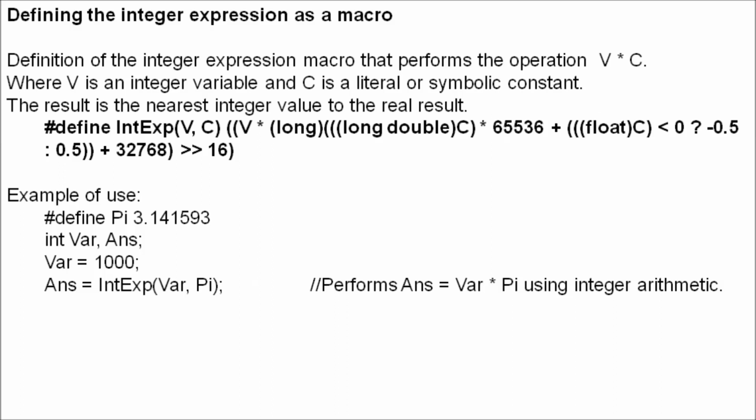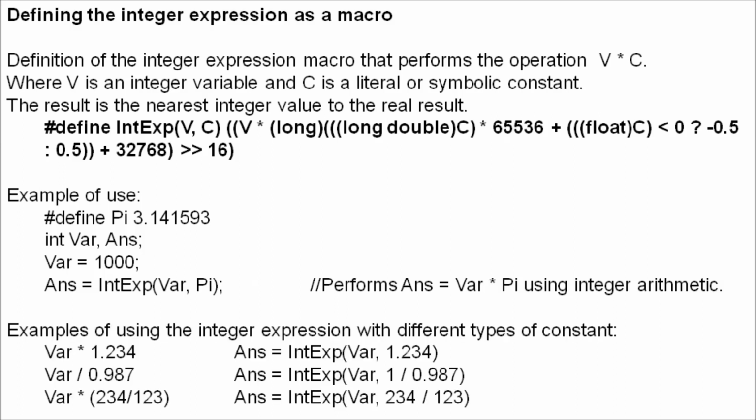This considerably improves the usability of the expression and can be used anywhere that requires the calculation v times c, where v is an integer variable and c is a literal or symbolic constant, and the result is the nearest integer to the real result. Now, the constant can be defined in various ways, as a float or fraction value, or as a reciprocal to perform a divide operation.